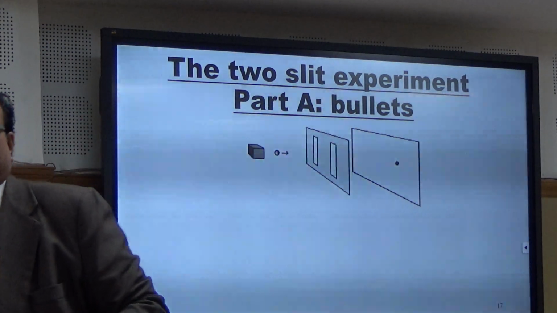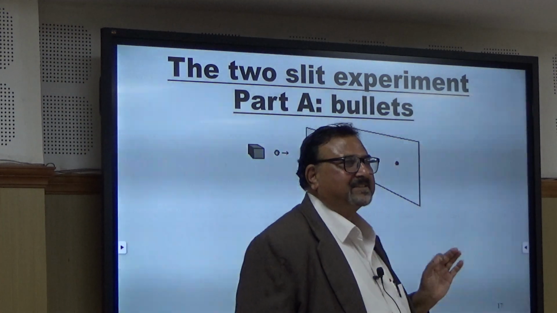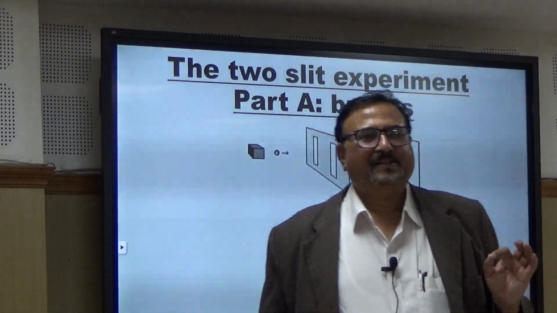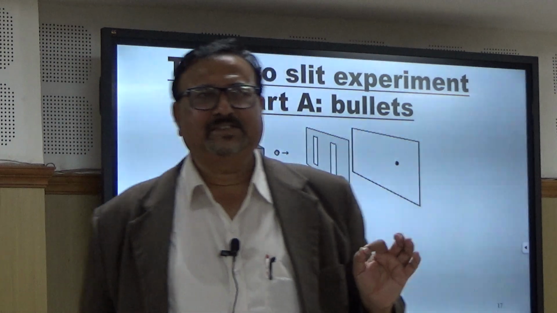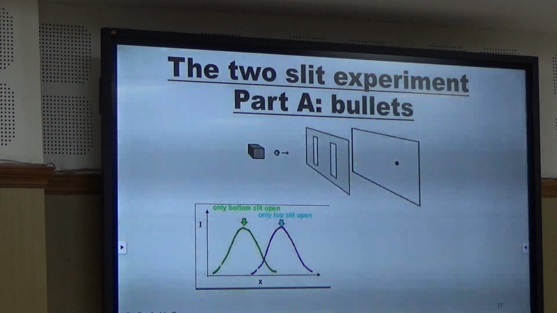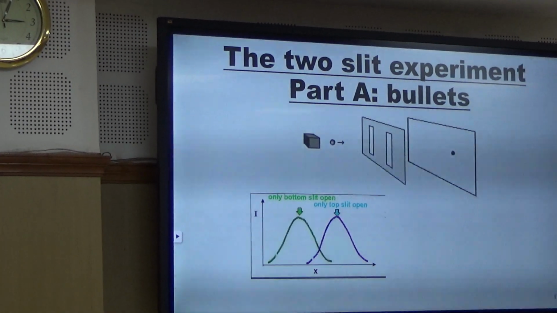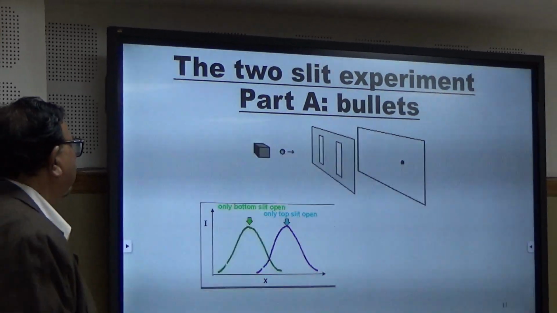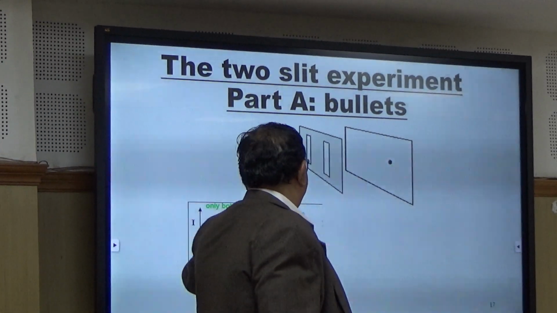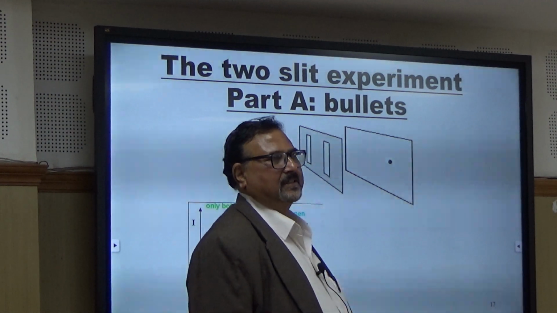But if the distance between these two slits is very small and they are very close to each other, what are the possibilities? So as a result, you will get two waves, one and two, and they are basically intersecting each other.